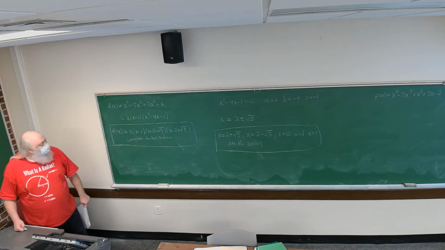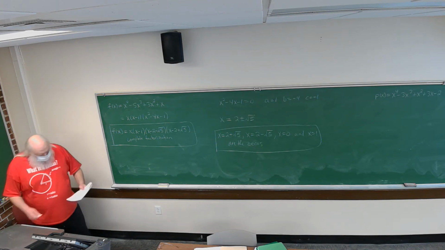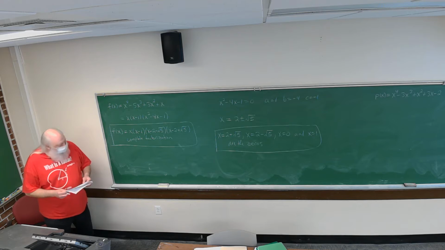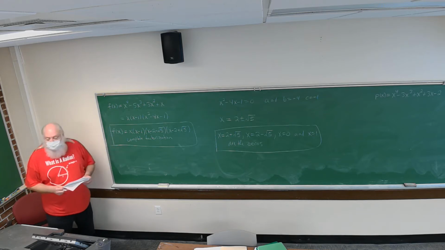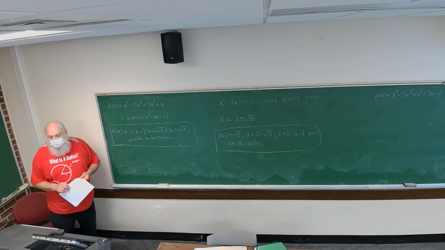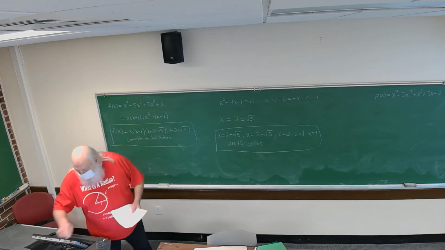And then set it equals 0, and solve for x from that. So those are the 4 zeros, and this is the complete factorization. Any questions on that? Okay. All right.